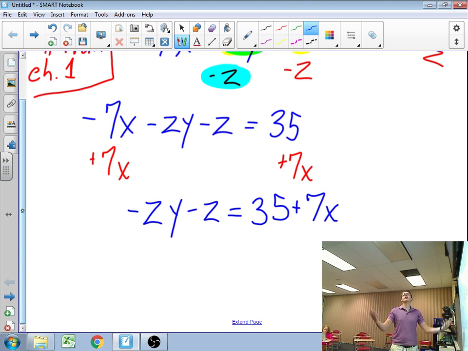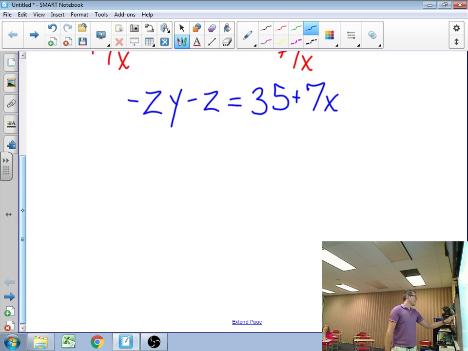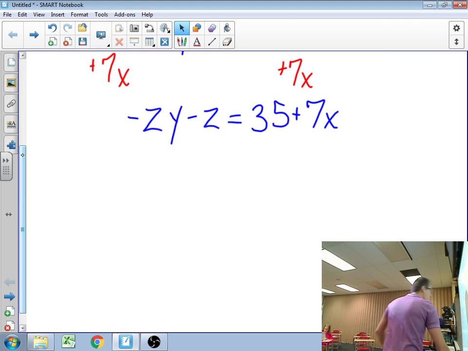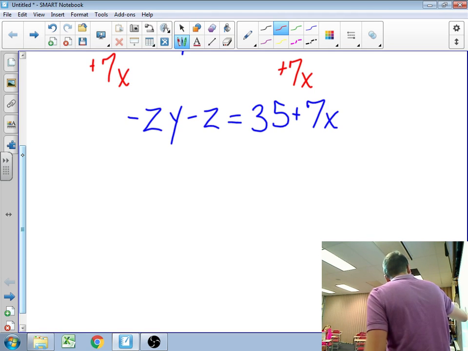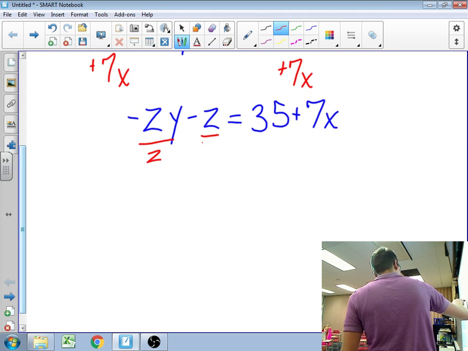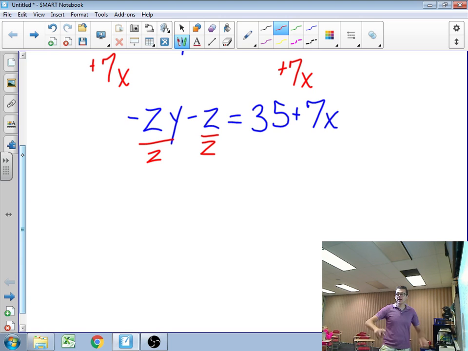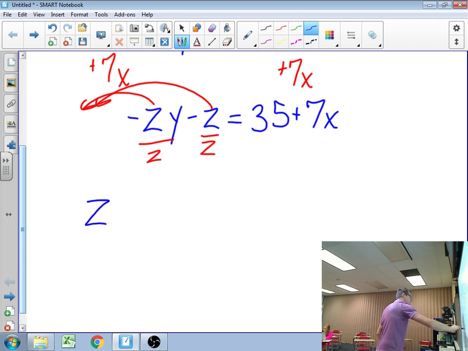Once I show you, you're going to be like, oh yeah, this is the part that everyone's getting messed up on. I want to get this z out of this term and this term, so I can divide by z. But since I don't actually want to change anything, I just rewrite this with the z factored out to the front. So now it becomes z times negative y minus 1.